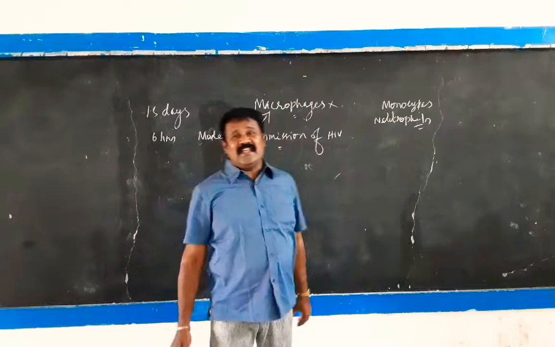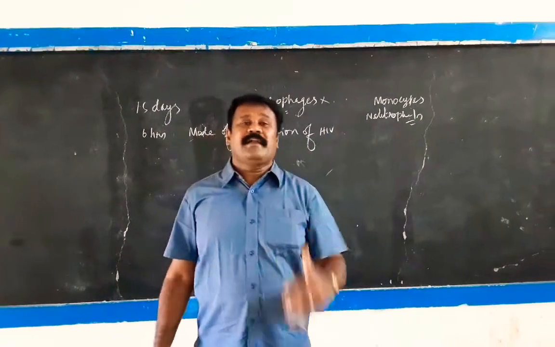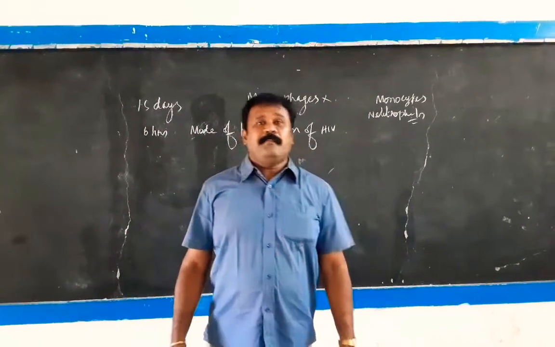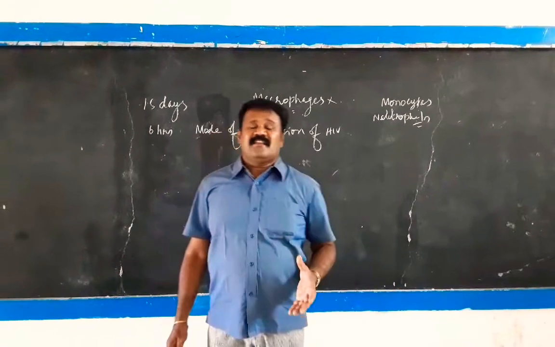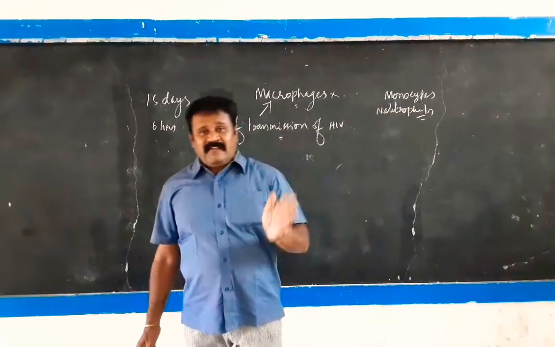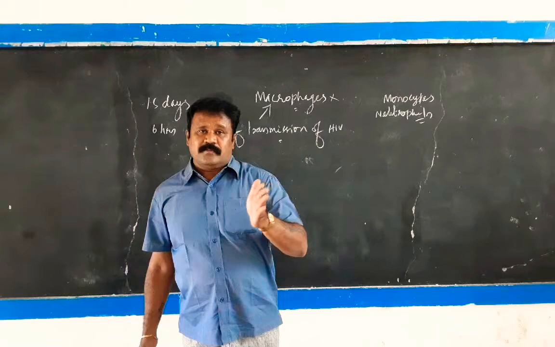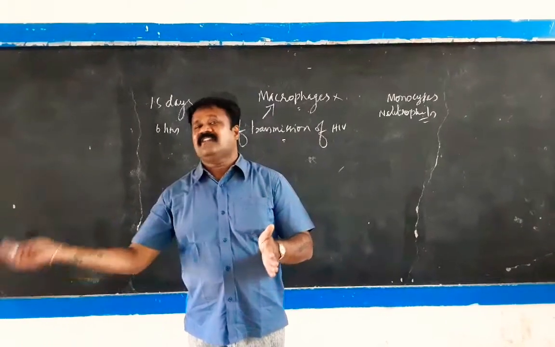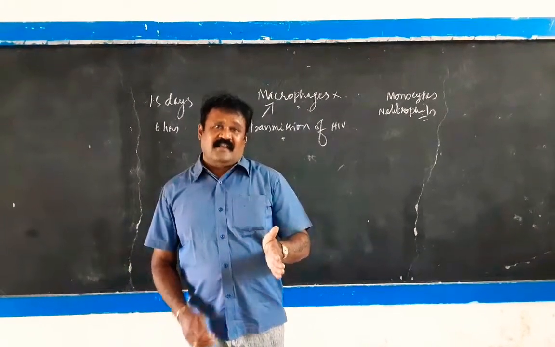Then those viral DNAs may attack the helper T cells also. Helper T cells play a very significant role. They activate the B lymphocytes for the production of antibodies whenever the antigen comes in.